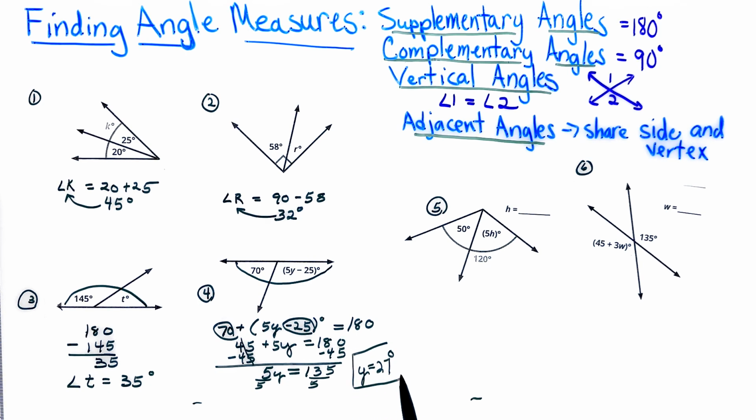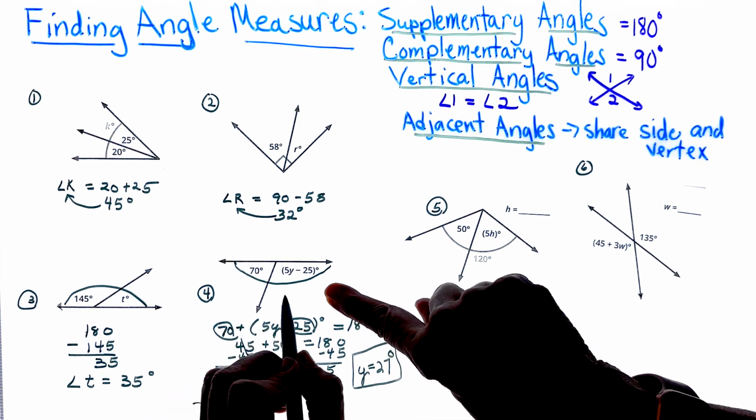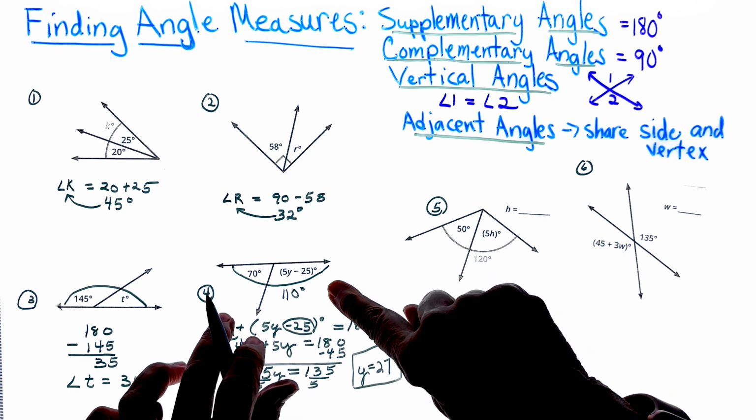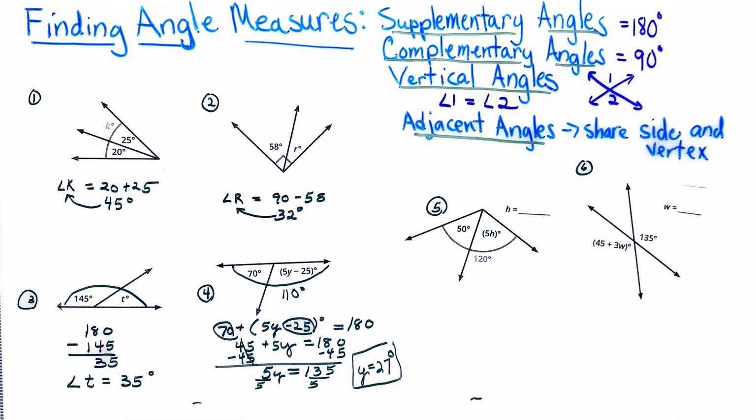So that is our answer for y. And if we do 5 times 27 minus 25, we will end up getting 110 degrees for this angle, because it is supplementary to angle 70.